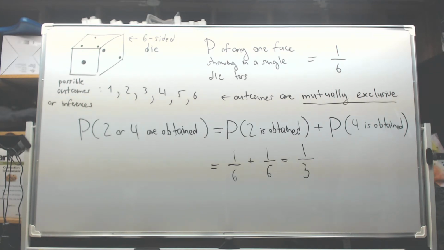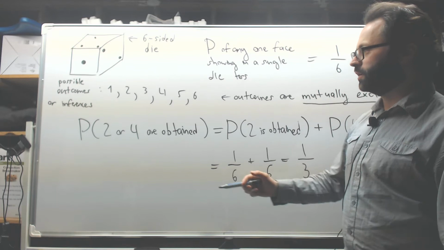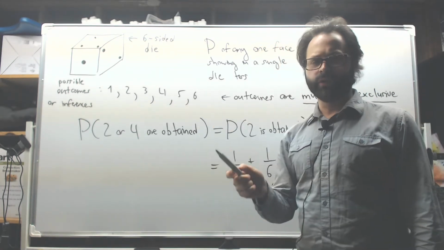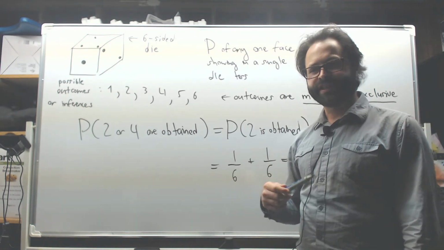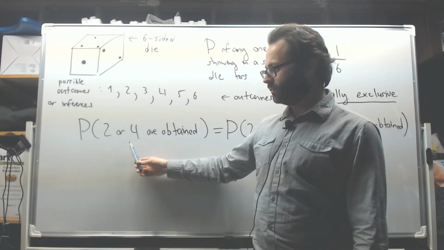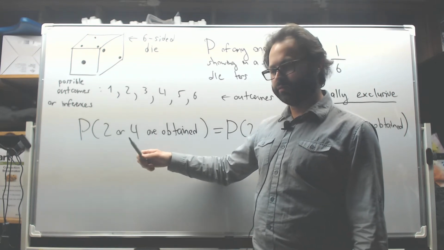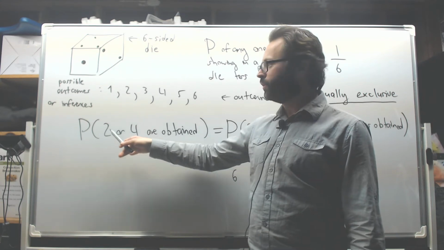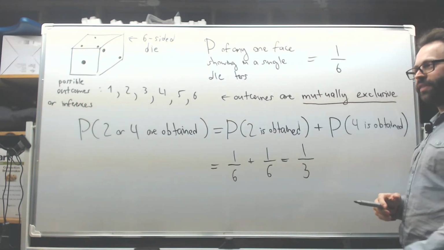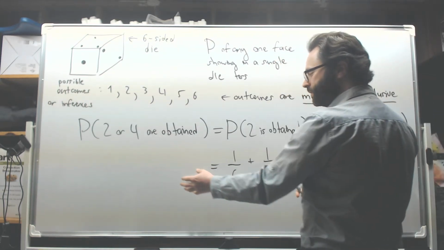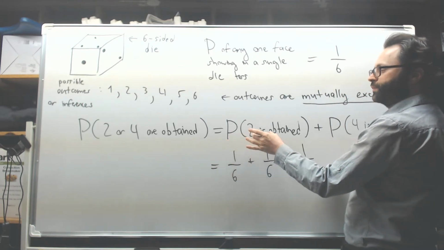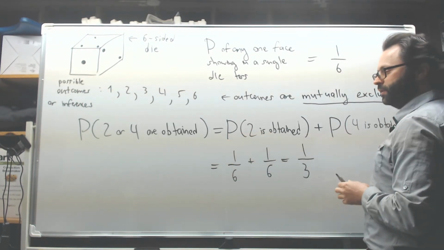That's the rule. When you are interested in obtaining the probability where more than one mutually exclusive outcome satisfies your inference, a 2 or a 4, not and, not together, but any one of them might appear, and we are interested in one or the other, the total probability of that inference is the sum of the individual probabilities, the sum of the probabilities for each individual inference separately.